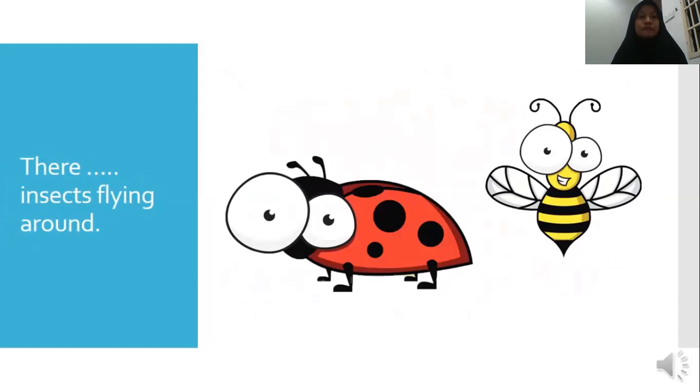There, insects flying around. Yes, I know students. Now, you can see that you have a bug and also a bee, but generally they are insects. So, there, insects flying around.